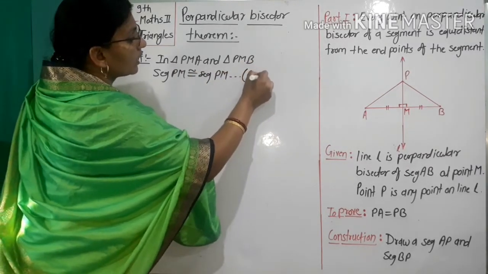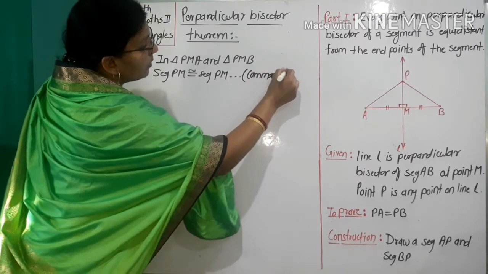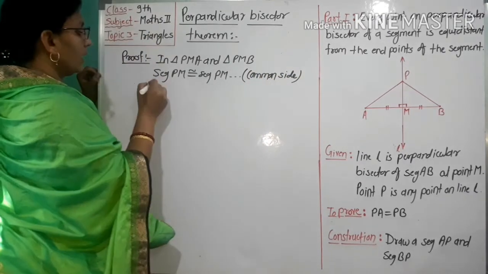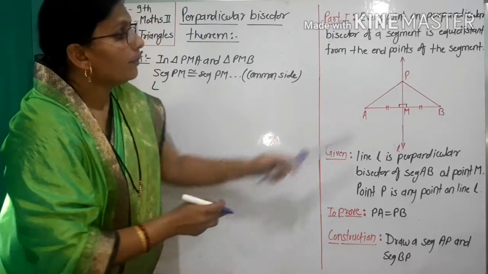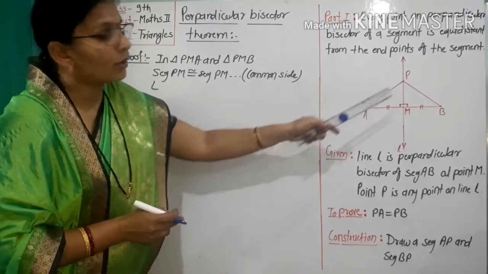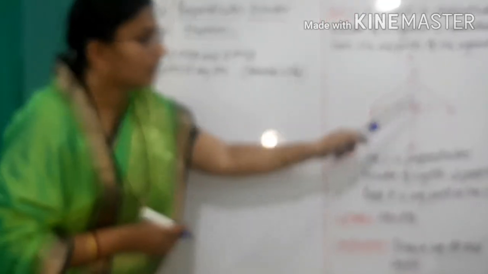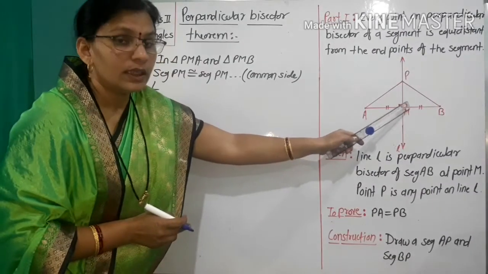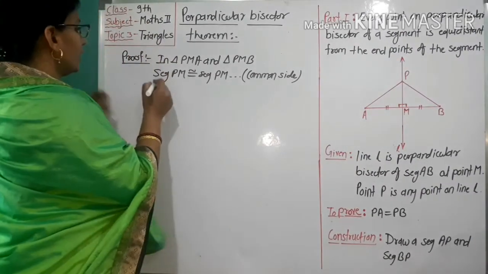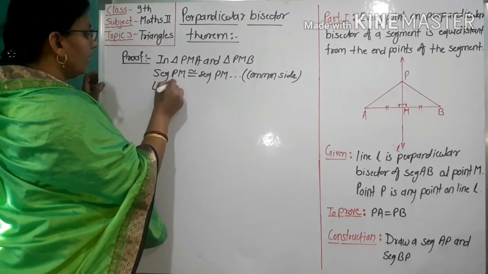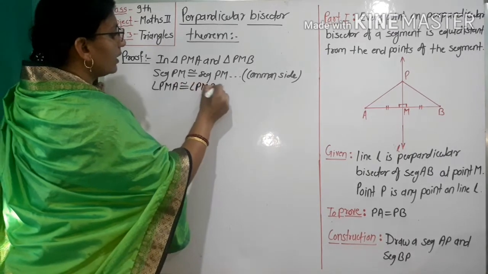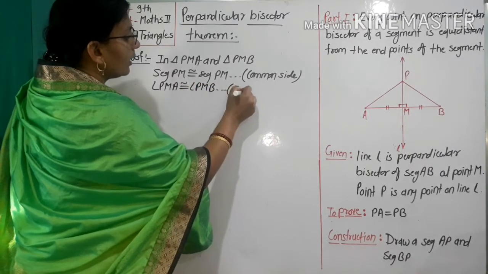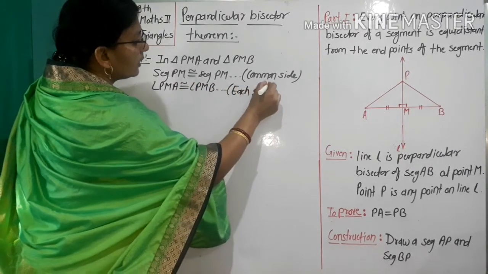Reason: common side. Angle PMA is congruent to angle PMB. Reason: each 90 degrees.